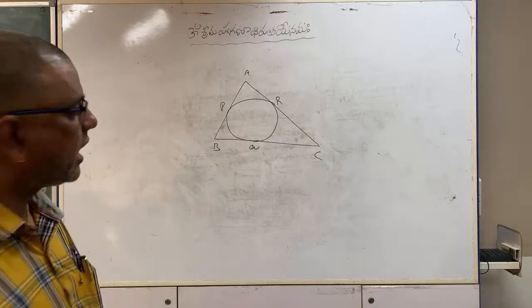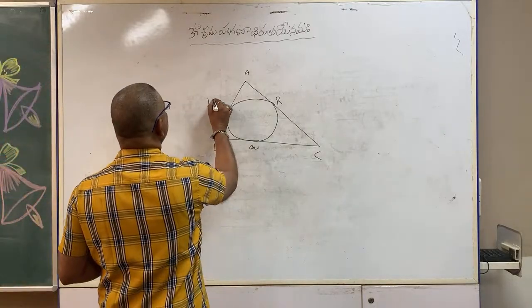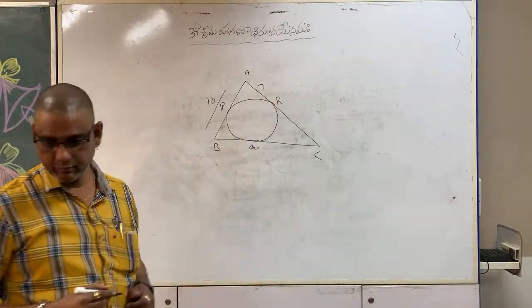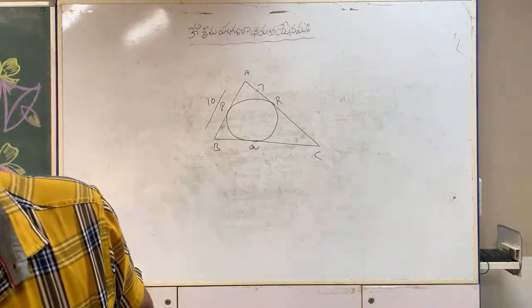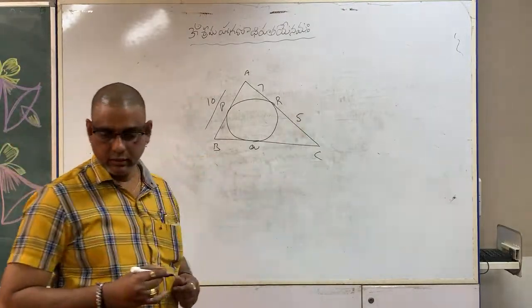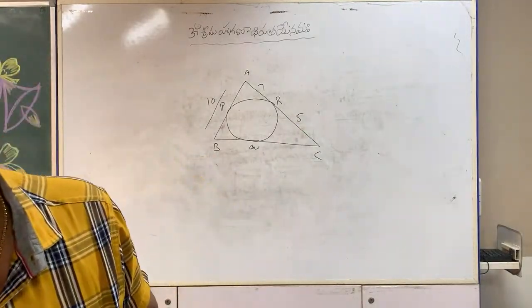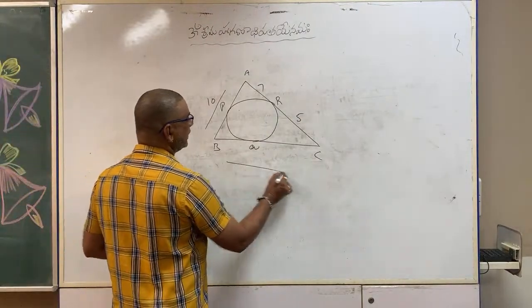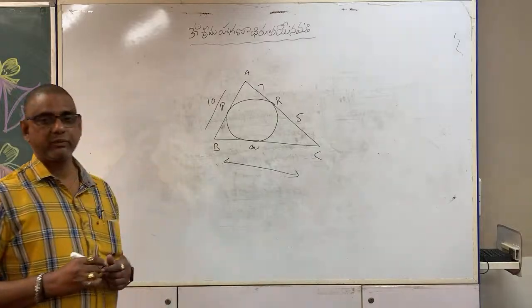AB is 10 in total, AR is 7, and CR is 5. And what we have to find is the length of BC.